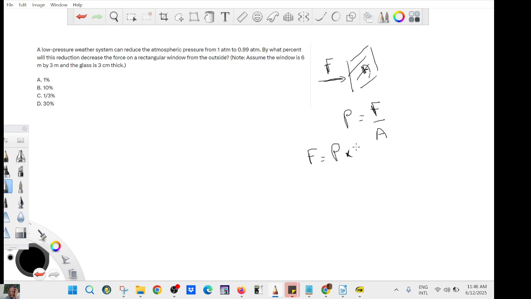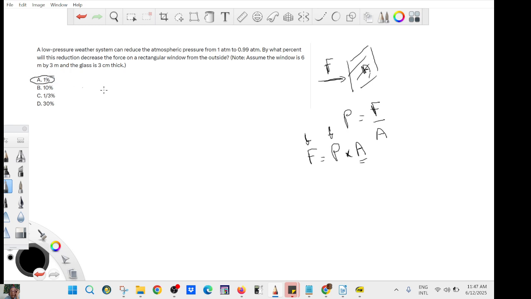So the force applied to an area A is the pressure times the area. You can read along. If you have a low pressure, meaning the pressure goes down, and the area stays the same, then the force is going to decrease. So low pressure, low force on the window. The thickness doesn't matter, it's just giving you more information than you need.